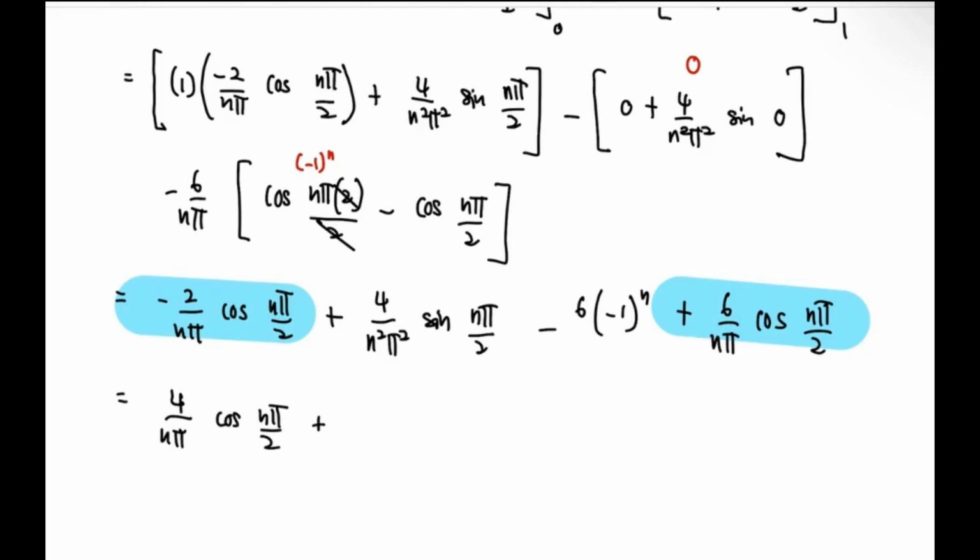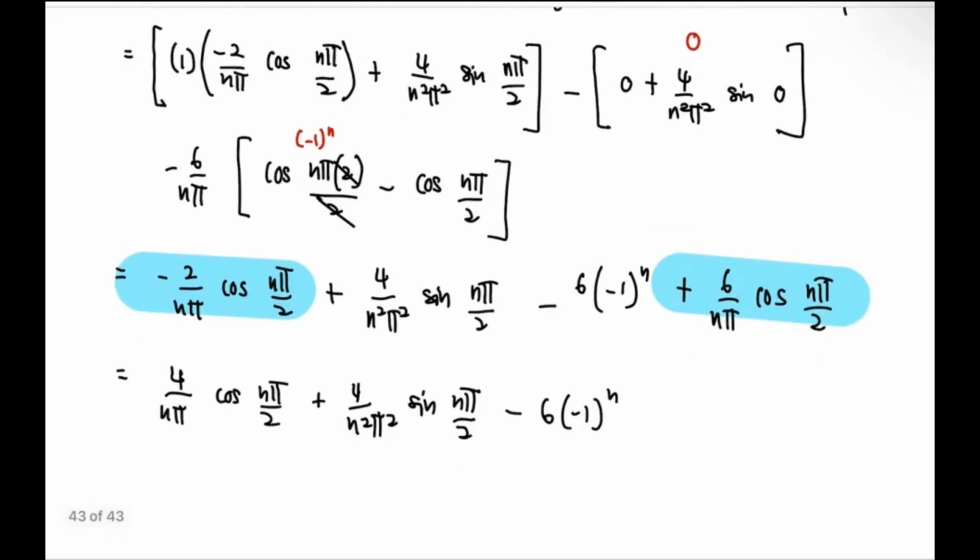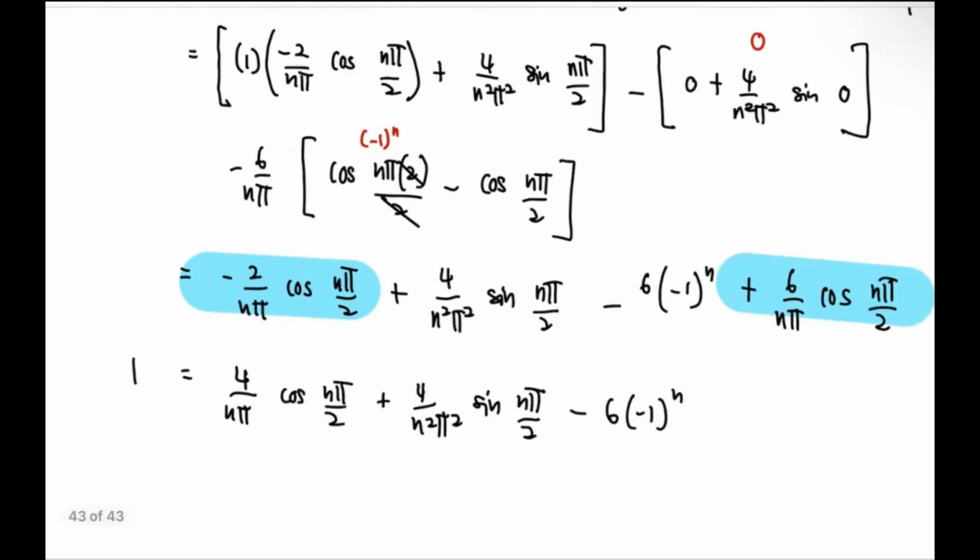Next, 4 over n square pi square sine n pi over 2 minus 6 negative 1 to the power of n. From here, we cannot simplify anymore. So this is our Bn.